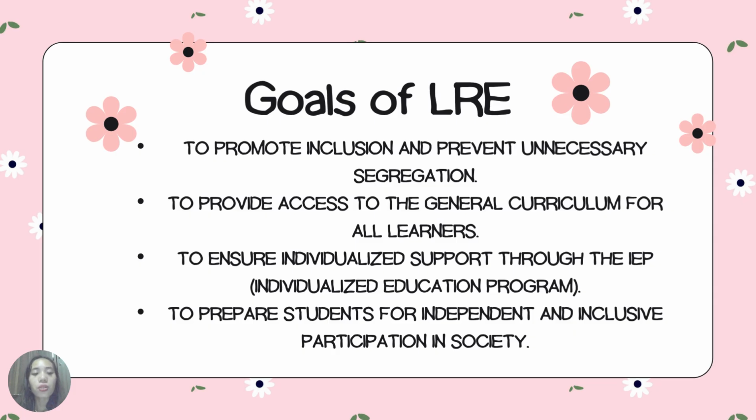The next one is to provide access to the general curriculum for all learners. The third one is to ensure individualized support through the IEP, or the Individualized Education Program. The IEP ensures each student with disability receives personalized goals, accommodations, and services tailored to their unique learning needs.